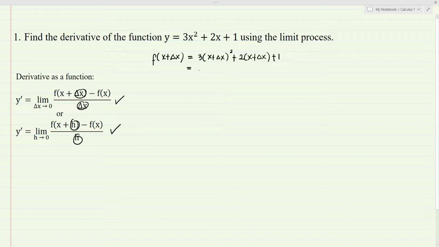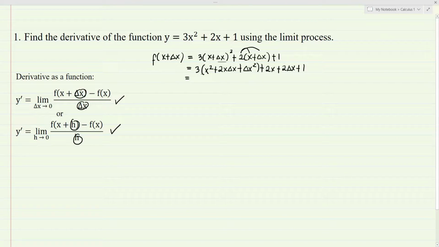Simplifying, I would have here 3 times the expanded form of this binomial here. I would have here x squared plus 2x delta x plus delta x squared. Then followed by this one here. I would distribute 2 to this binomial. I would have 2x plus 2 delta x then plus 1.